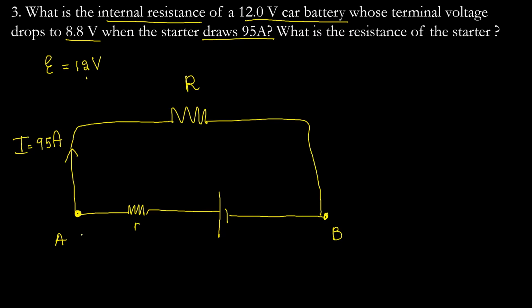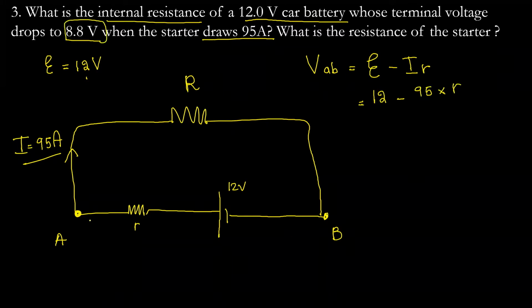So we know the terminal voltage VAB is given by the EMF minus the current flowing through the battery times the internal resistance. So EMF is 12 volts, it's given in the problem. Current is 95 amps. And the internal resistance is what we are going to find. And VAB, they have given it as 8.8 volts.